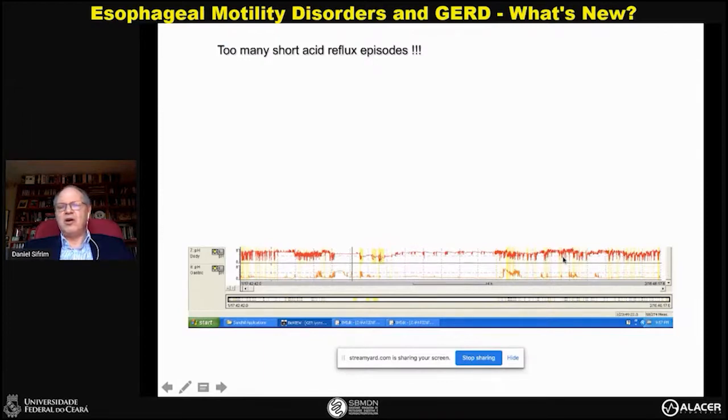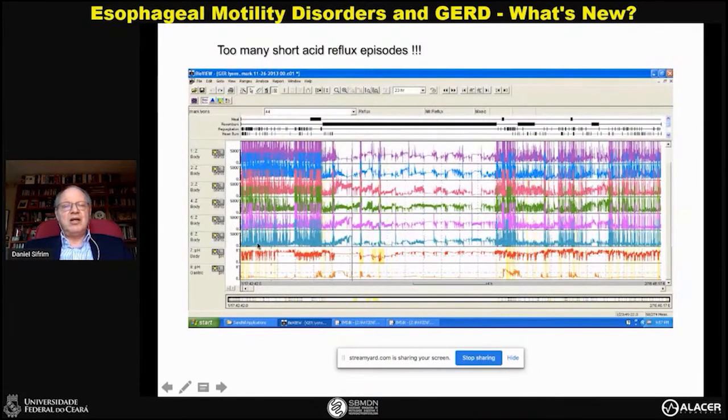Maybe 30, 40, 60 spikes of pH drop. What is this? Too many short acid reflux episodes, even if perhaps the total acid exposure is normal. Well, these are all spikes in the impedance tracing.